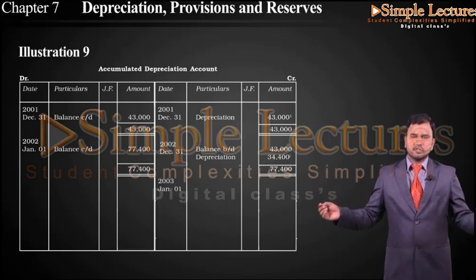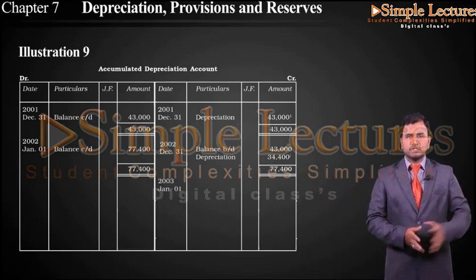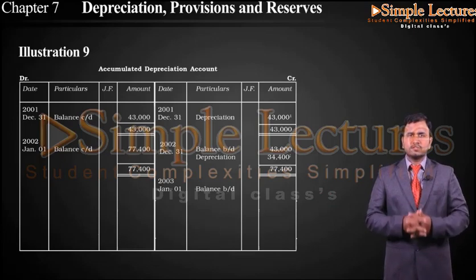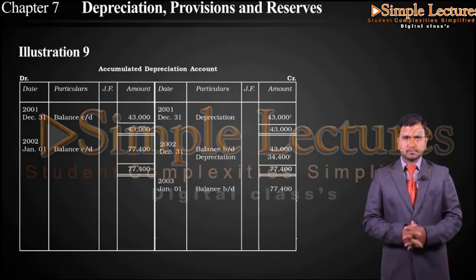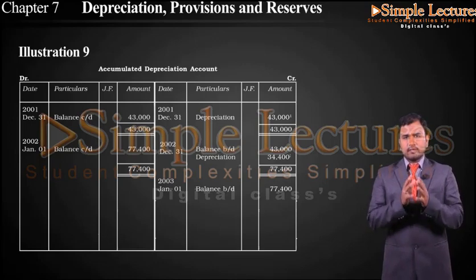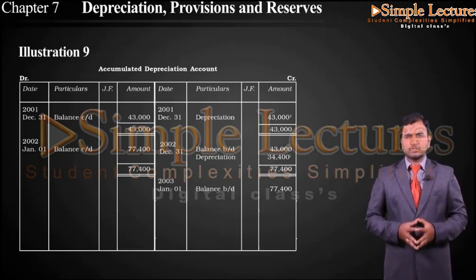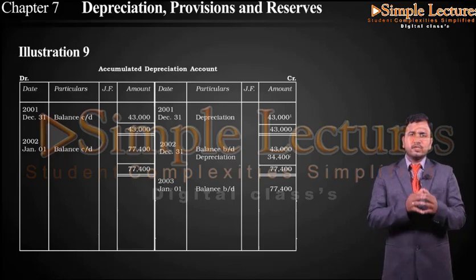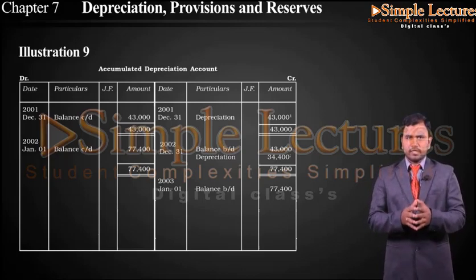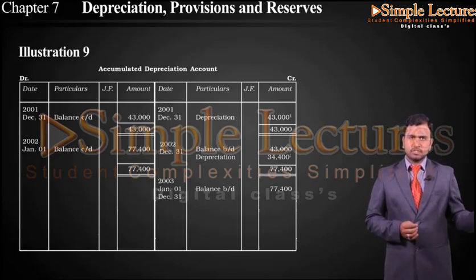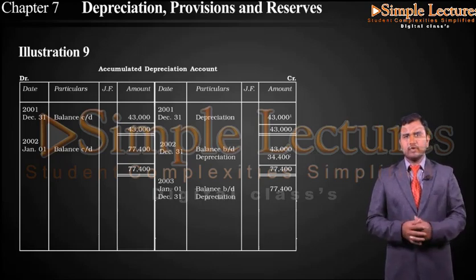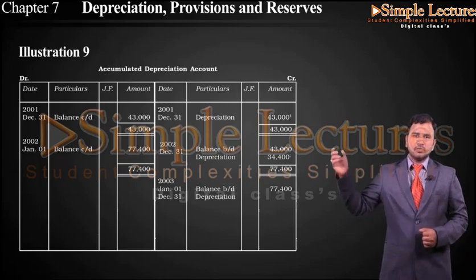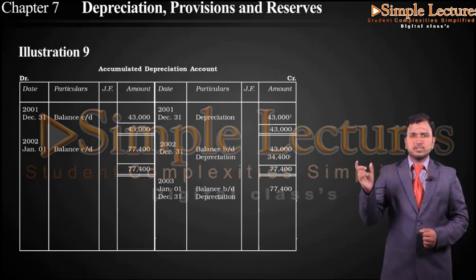Then again for the third year, in the credit side 31st December 2003, balance brought down 77,400. Now coming to the third year, we are supposed to charge the depreciation on the reduced balance. So depreciation will be charged on the same date 31st December 2003, and how are we going to calculate the amount here? 2,15,000 minus 2 years depreciation, which is 77,400.